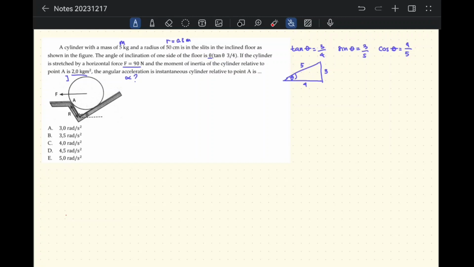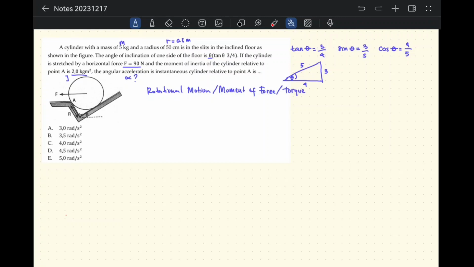This question is about rotational motion, because when we pull the object with the force in that direction, it will cause rotational motion to the object, or moment of force, or torque.